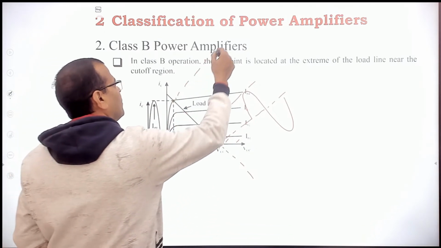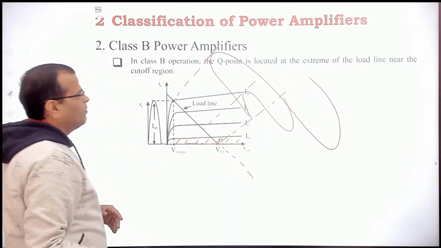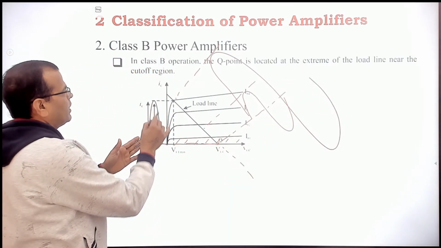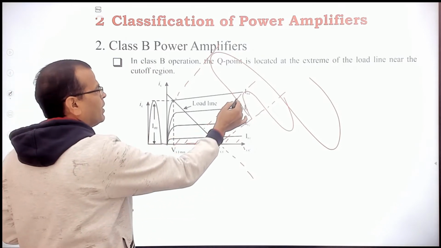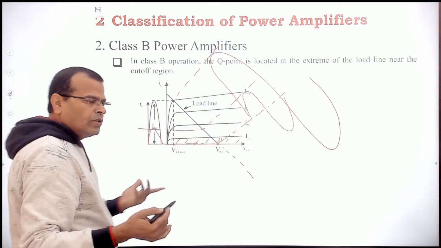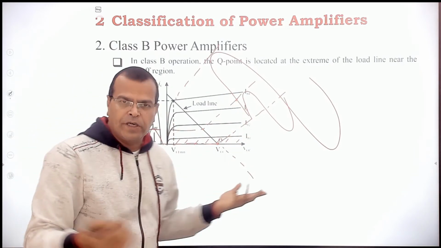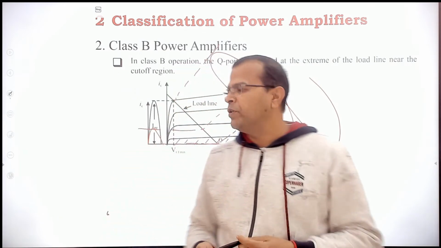Suppose you take the maximum limit of base current like this, your collector current will go up to this. But if you take the maximum limit up to this, the collector current will be like this. So it depends upon the amplitude of the input current. Accordingly, the amplitude of the output current will vary.